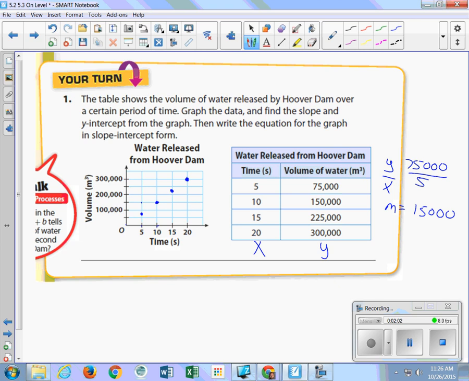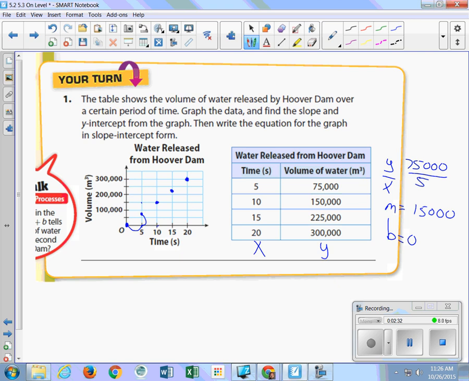So I can use the slope to find the point at which the line crosses the y-axis. So I can go down 75 and to the left 5. If I go down 75 and then left, I find, using rise over run, that the y-intercept equals 0.